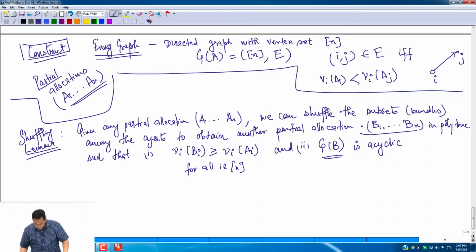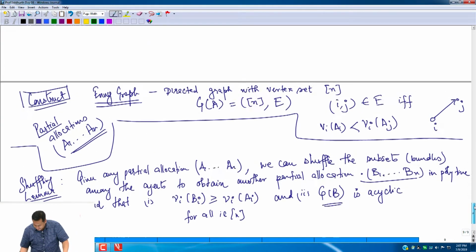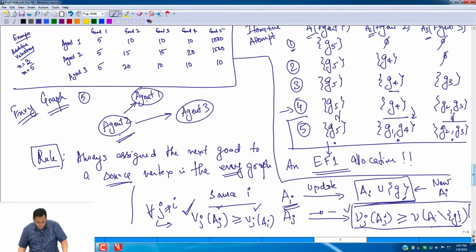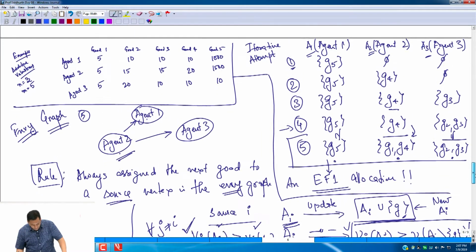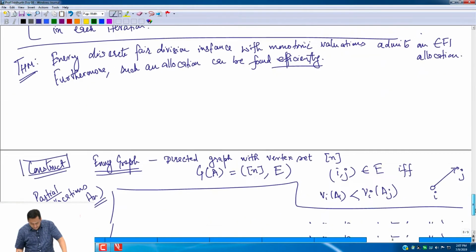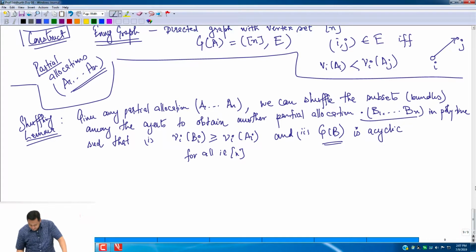So the proof of the lemma is actually, let me go up. We were looking at 3 agents here. This was my example. Again, it was curated to ensure that I always had a source. Say that wasn't the case.